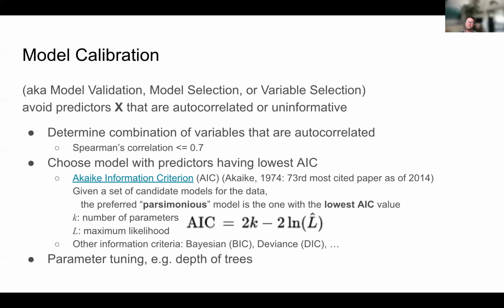And if it's greater than 0.7, either in the positive or negative direction, then you generally want to try to figure out which of those two you want to keep in the model and not introduce this collinearity issue. So we'll get into this next time about how to actually do that. There's some packages that help you do that.